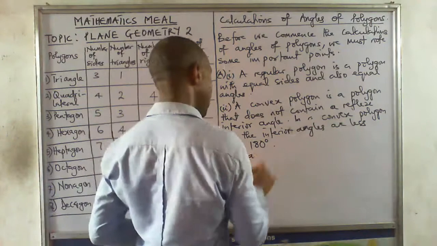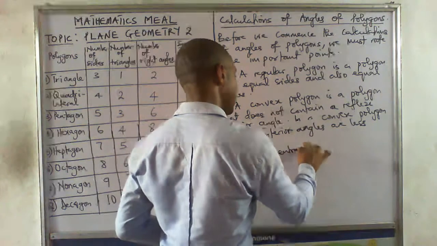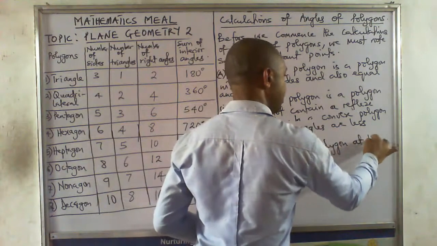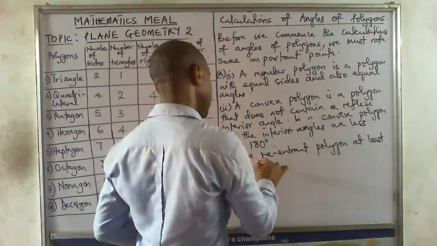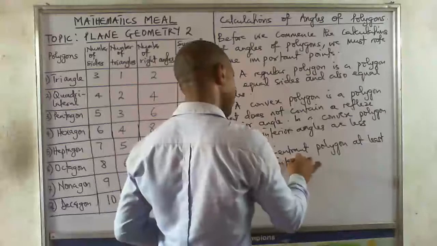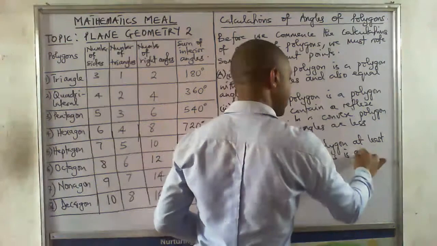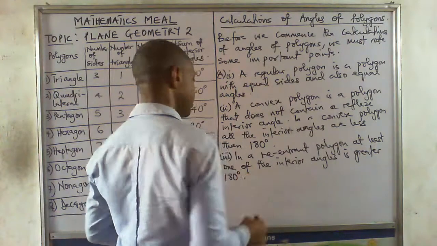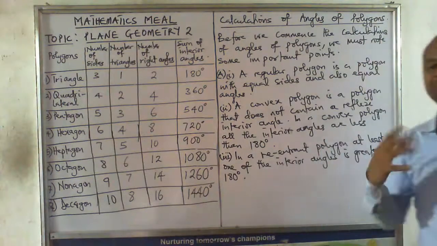In a reentrant polygon, at least one of the interior angles is greater than 180 degrees. So in a reentrant polygon, there will be at least a reflex angle.